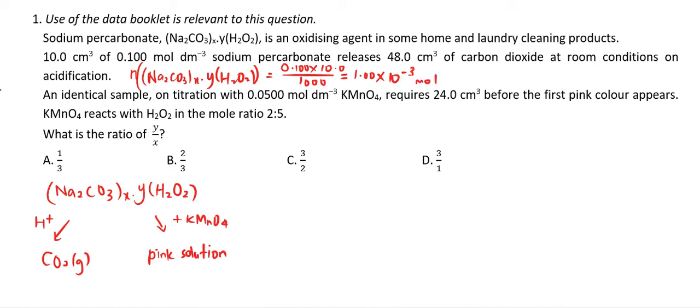Okay. Now we are using the same amount of sodium percarbonate in both reactions. So in the first reaction, 48 centimeter cube of carbon dioxide is released. 48, yeah.